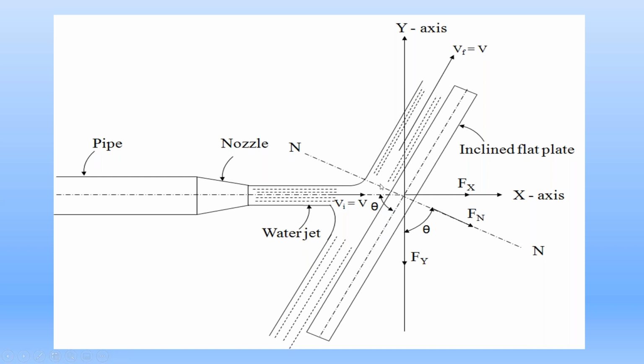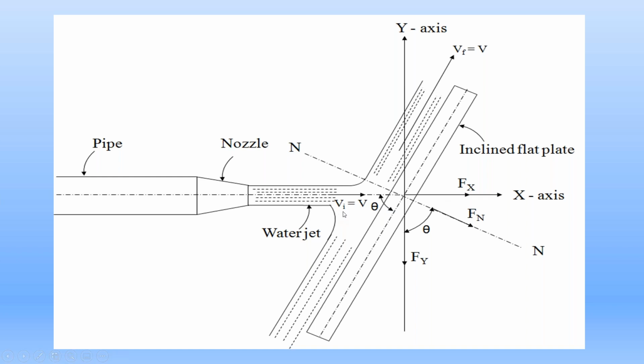And this initial velocity is along the x-axis. So the initial velocity with the normal line is making the angle of 90 minus theta.